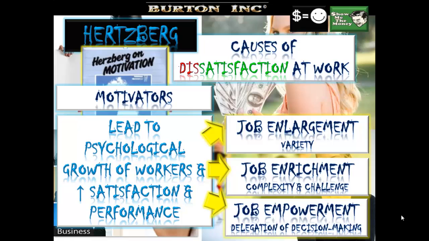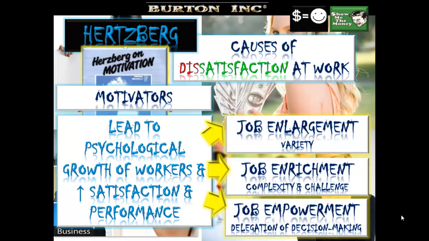Another key motivator, job enrichment, increasing the complexity and the challenge of a task. Once people can master something new, that's a great source of motivation, great source of reward.